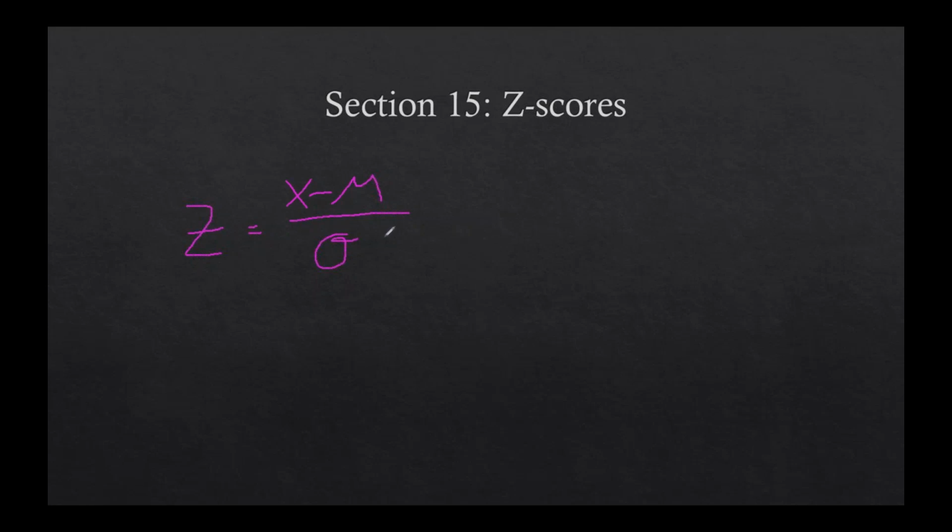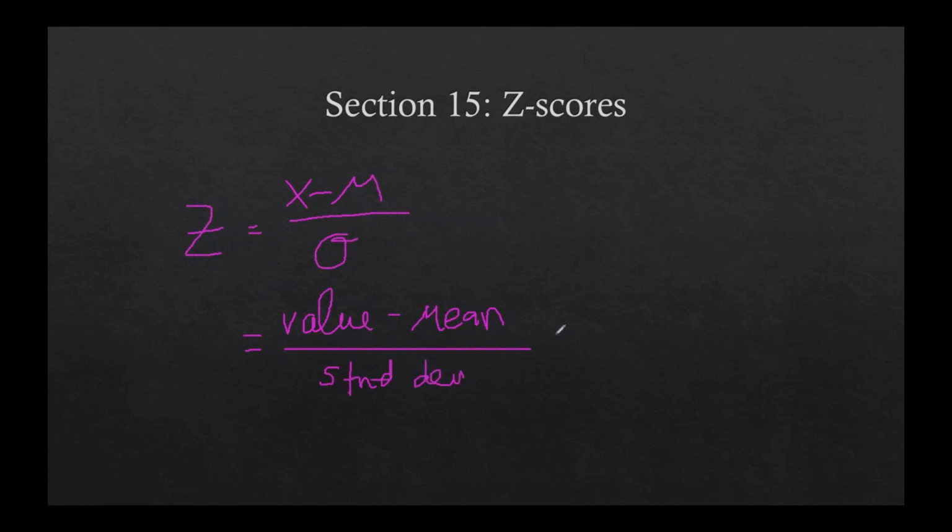There's your z-score formula. But if you don't know what those values mean, it's worthless. So z is the z-score. X stands for the value. The mu stands for the mean. And sigma is your standard deviation.